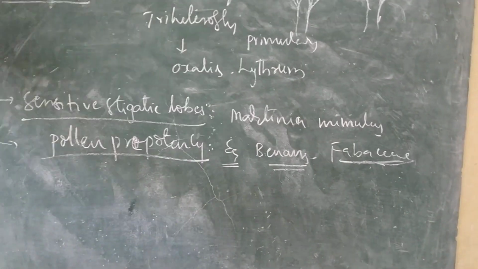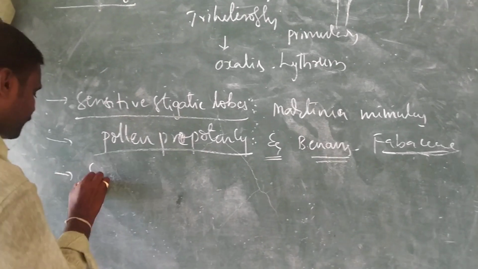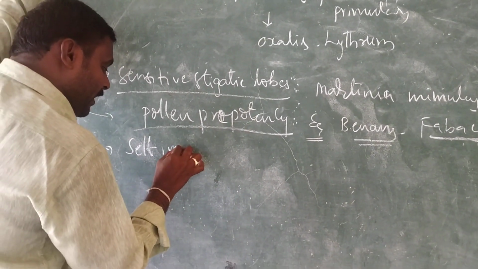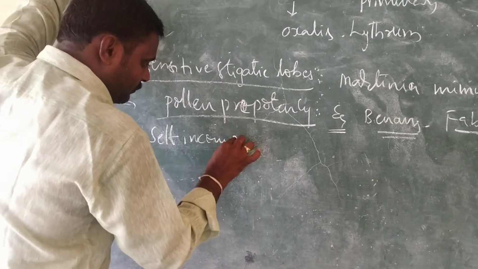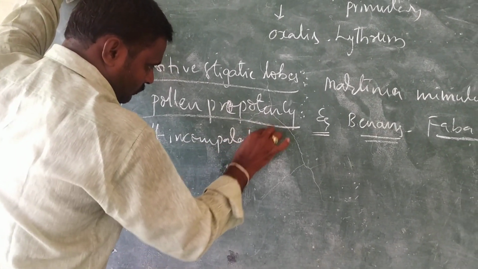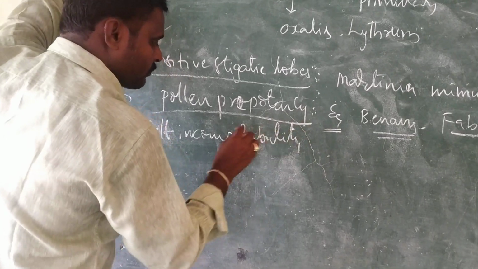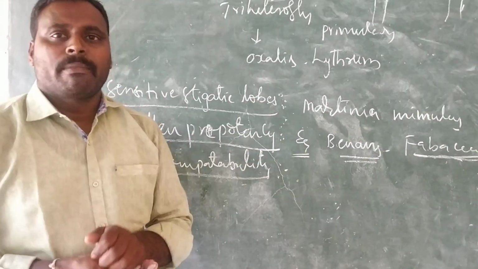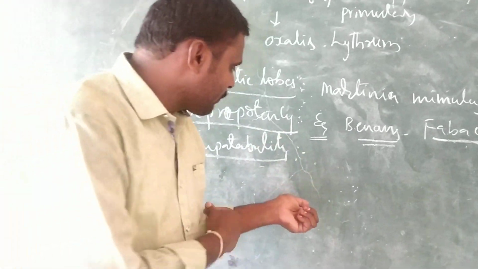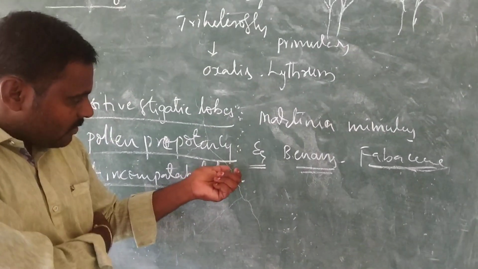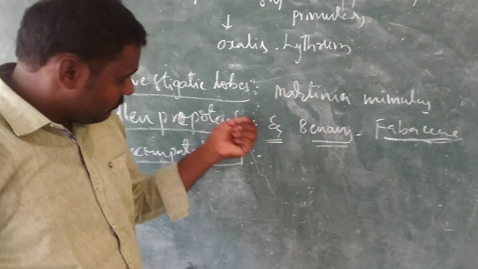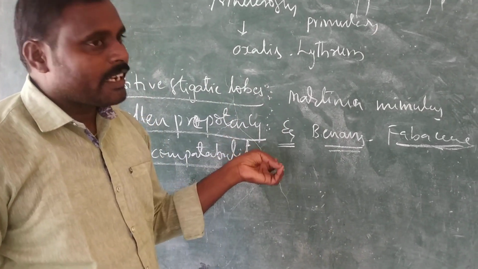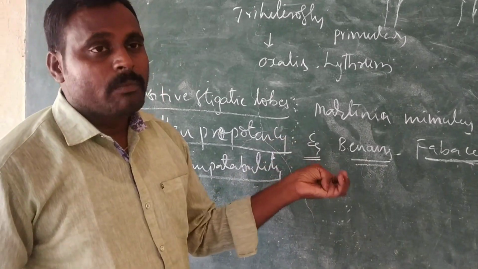And another one is self-incompatibility. It is a type of genetic mechanism. Whenever pollen grains of the same plant land on the stigma, it prevents the germination of the pollen grains and formation of the pollen tube.